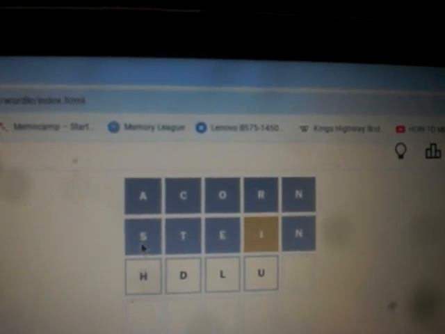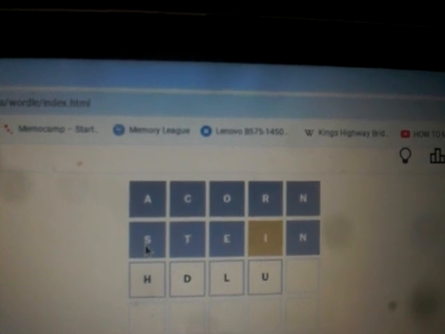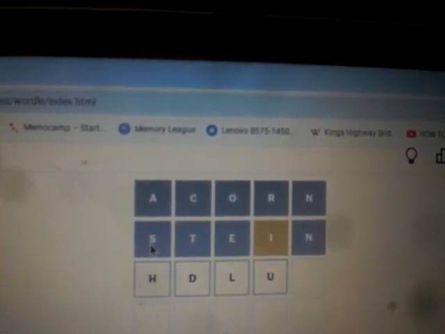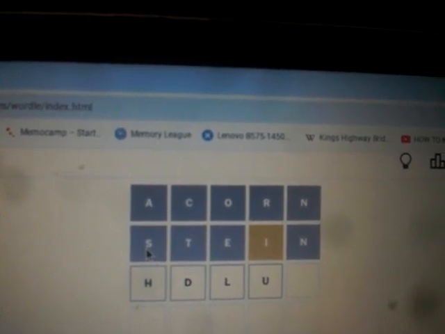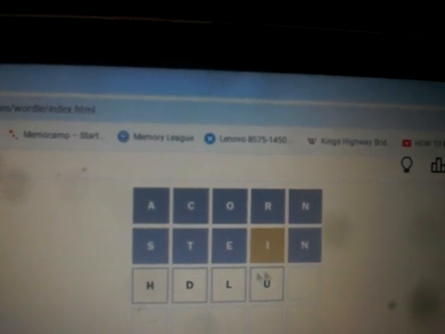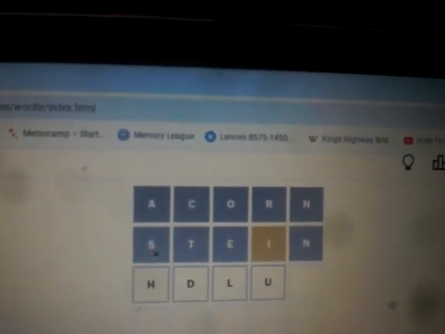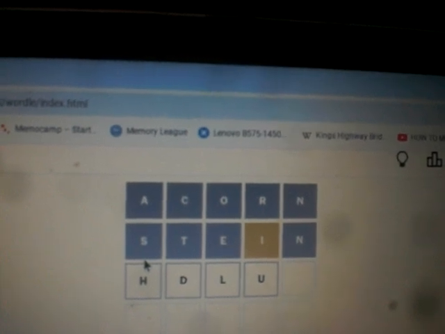A, B, C, D, E, F, G, H, I, J, K, L, M, N, O, P, Q, quill, Q-U-I-L-L, like a pen, the old-fashioned pen's a quill, but I don't want to guess that Scrabble letter Q or a double L. So now, R, S, T, U, V, W. So I'm seeing quill, build, guild, and fluid.